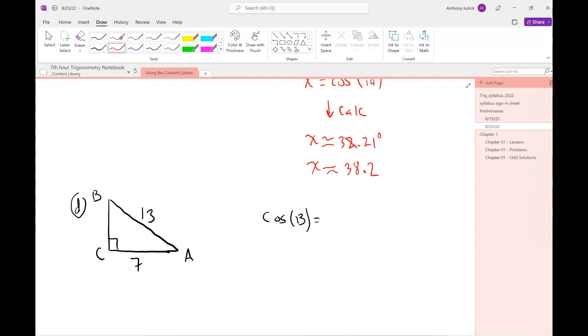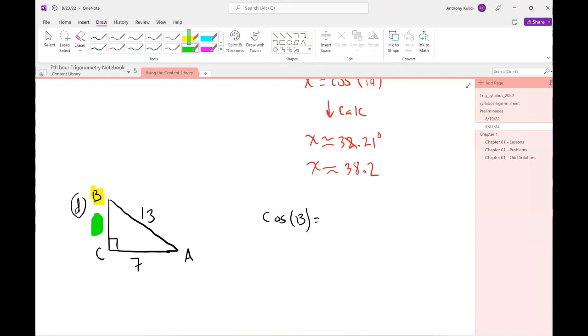Okay. So again, we're going to start with looking at where the angle is. So there's angle B. Everybody agree? What is cosine? Adjacent over hypotenuse. So which side is the adjacent side?